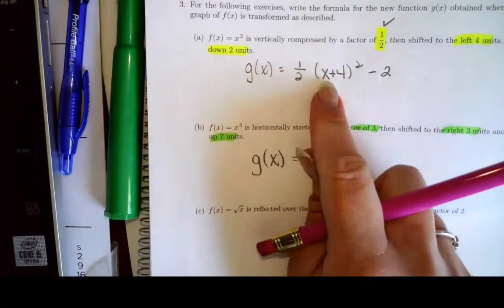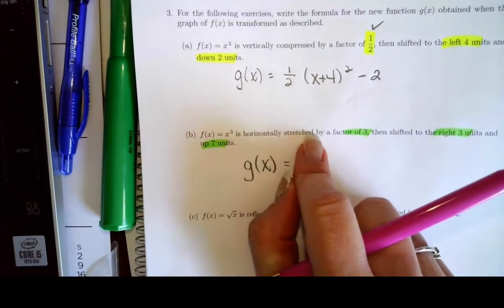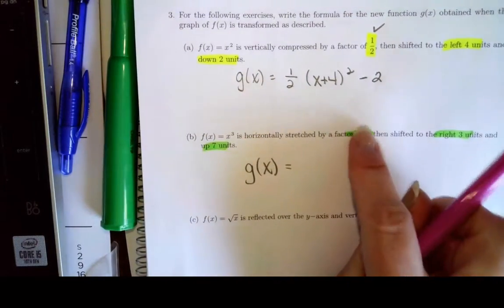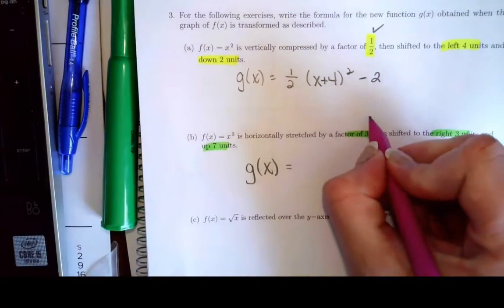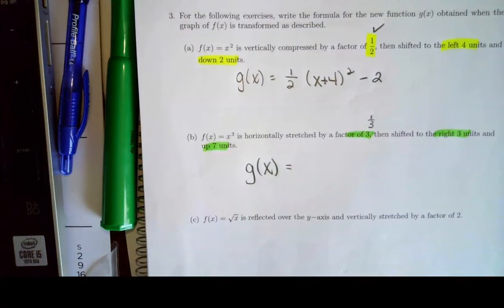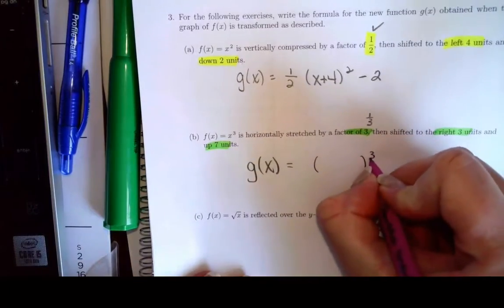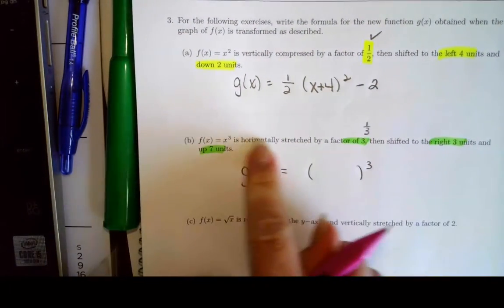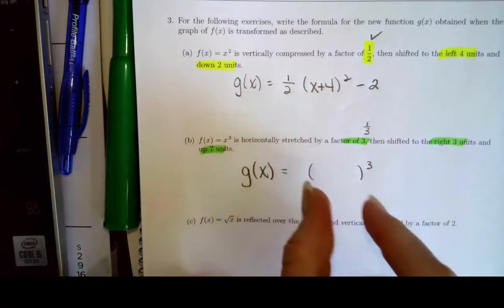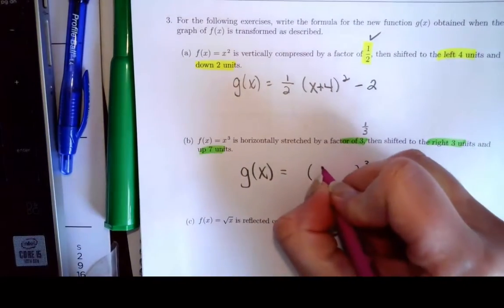So just like when we moved left, I had to say +4. When I have a horizontal stretch, I'm going to flip this. So this is actually going to be a 1/3. So with the horizontals, you kind of sort of do opposite of what you think. So I have an x cubed, and what am I supposed to do? It's horizontally, so it's got to be inside with the x, but I'm going to multiply it by 1/3.